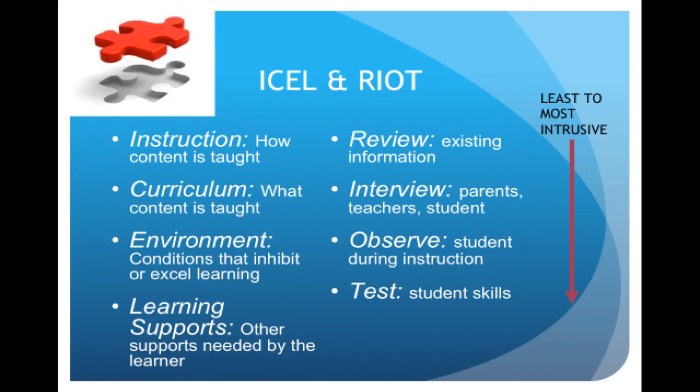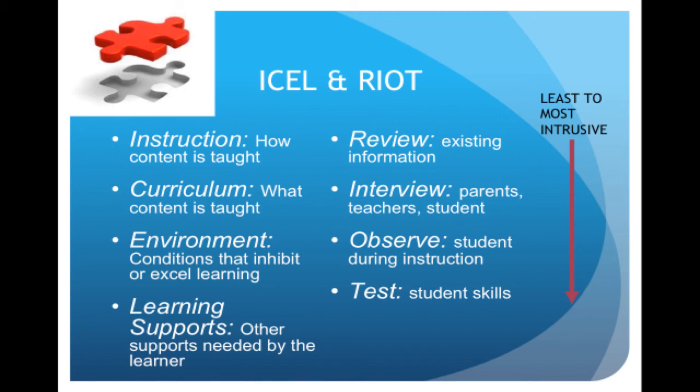The RIOT process helps to inform the team around critical elements that are important for the development of that student's IEP. RIOT informs ISIL. ISIL includes instruction, which is how we deliver content to the student. Curriculum is what specific skills and behaviors we're going to teach the student explicitly.